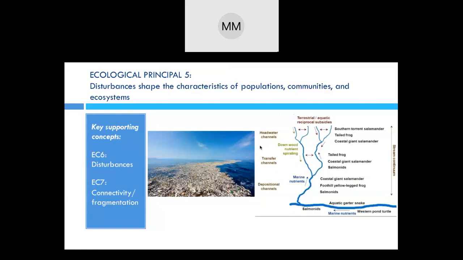Now natural disturbances have played a key role in forming and maintaining natural ecosystems, for example forest fires or tornadoes. They influence their structures, including the size, shape, and distribution of patches.